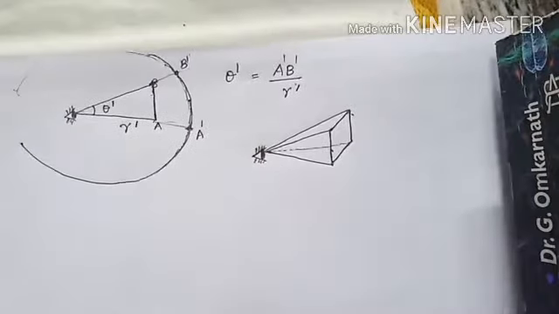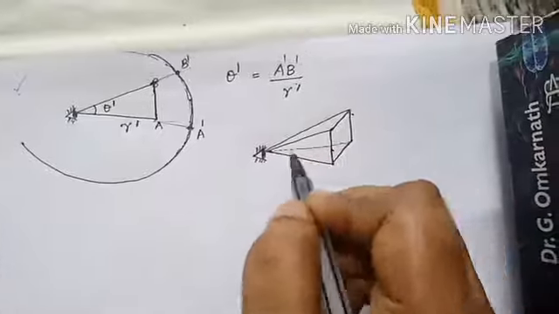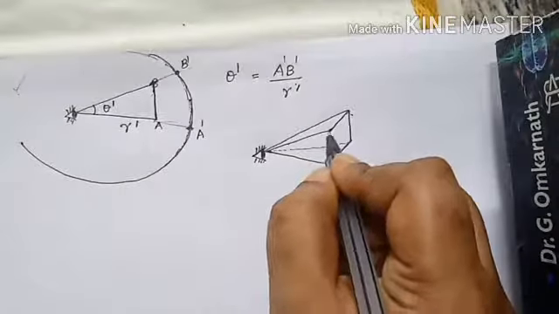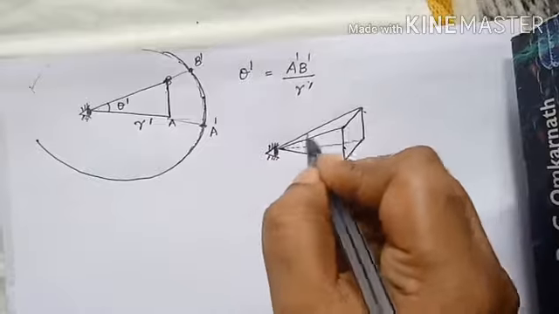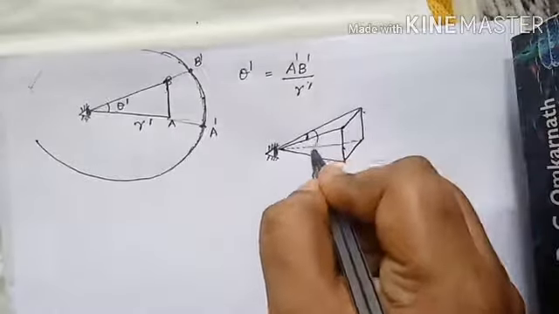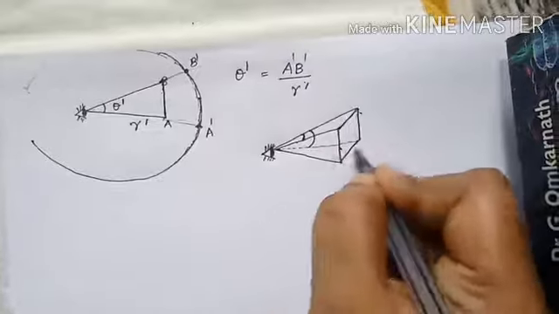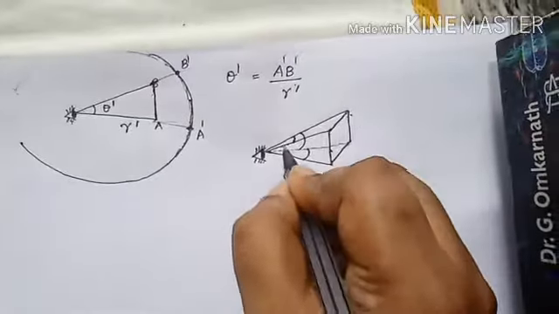Each edge of the plane sheet is subtending an angle. This side will be subtending this angle, this side this angle, this side this angle, and this side this angle.